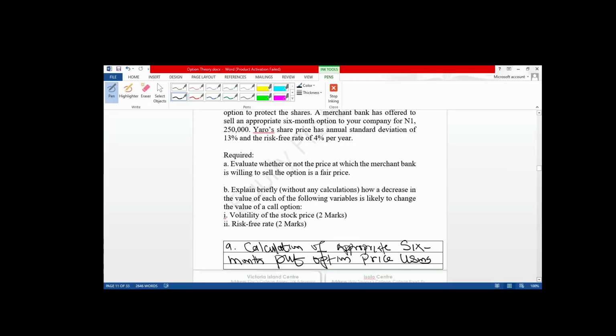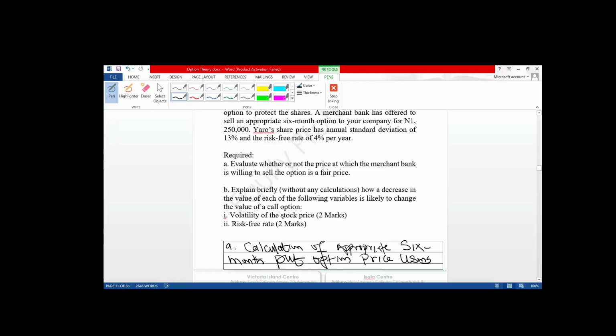Look at this. Explain briefly how a decrease in the value of each of the following variables is likely to change the value of the call option. So if there is a decrease in volatility, what happens to your call option? We said it must be positive.